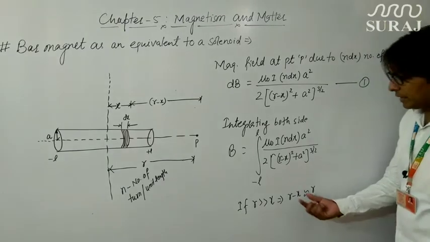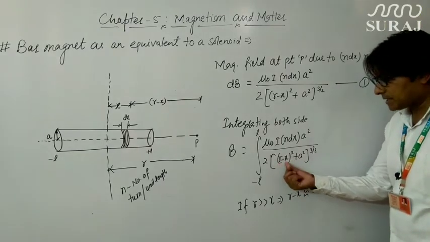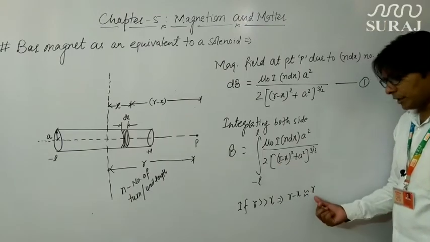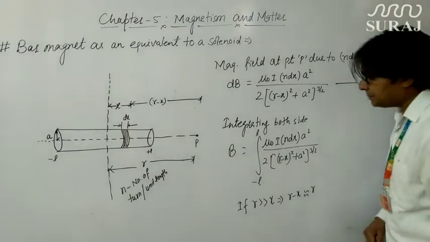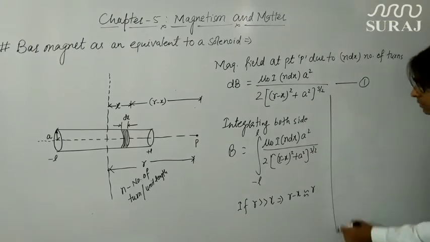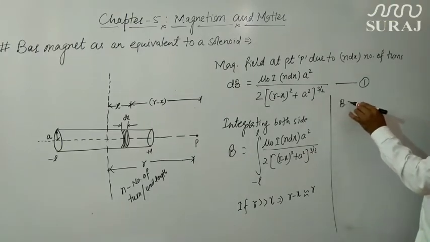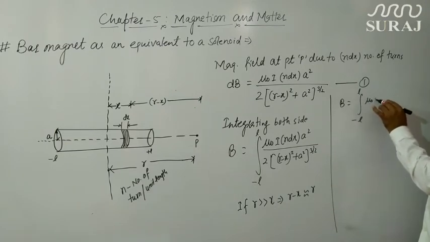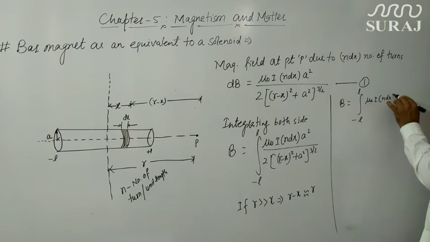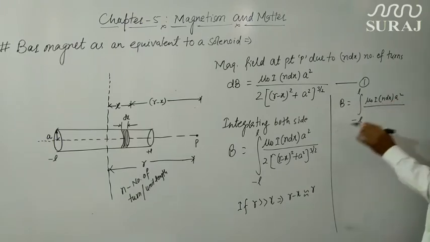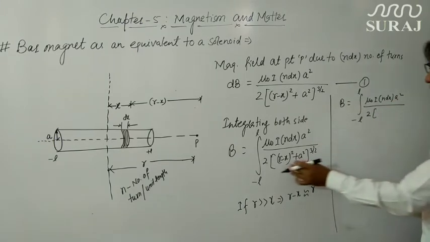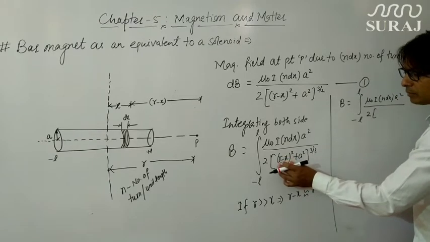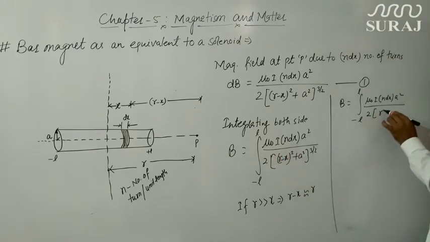Putting r in place of r minus x, B equals the integration from minus L to plus L of mu 0 I n dx a square divided by 2 into r square plus a square raised to the power 3 by 2.